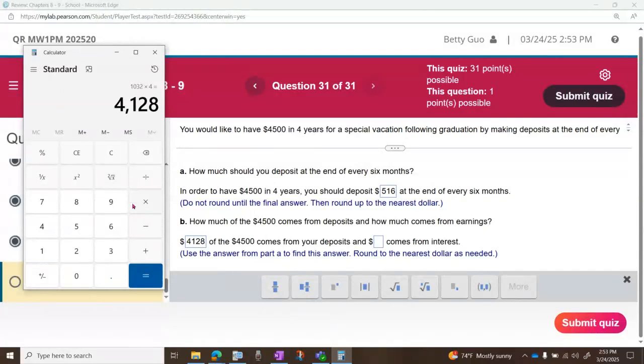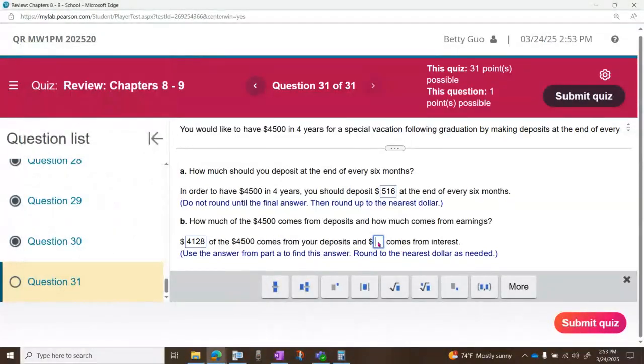And the difference, use 4,500 minus 4,128, which is 372.